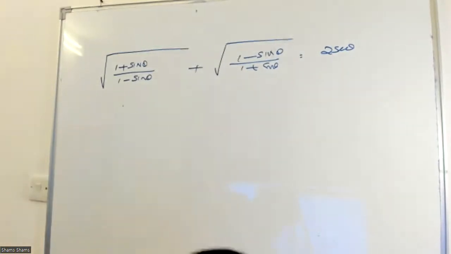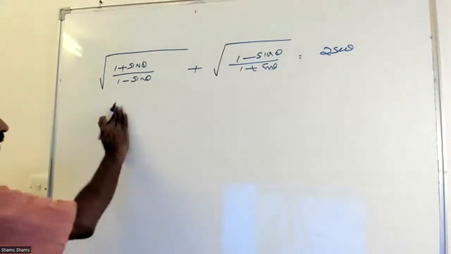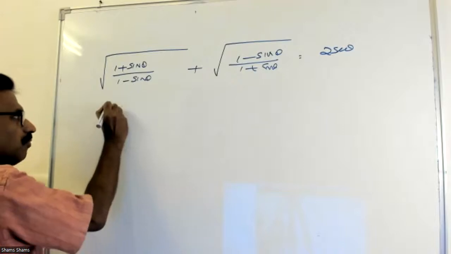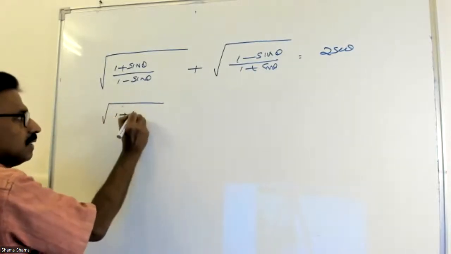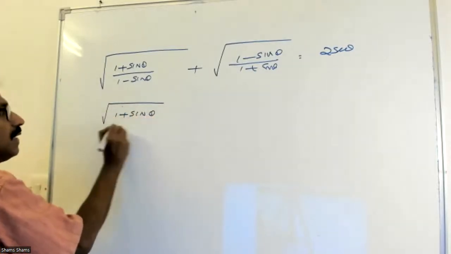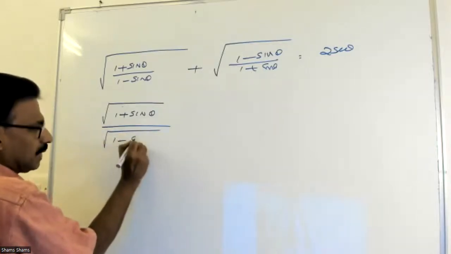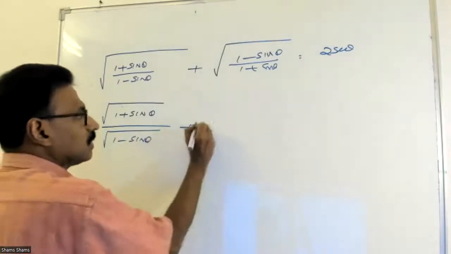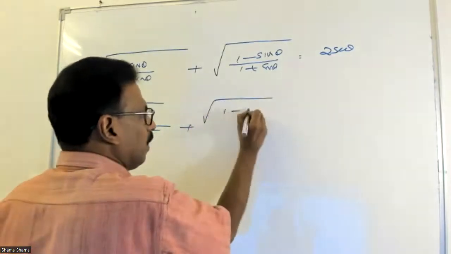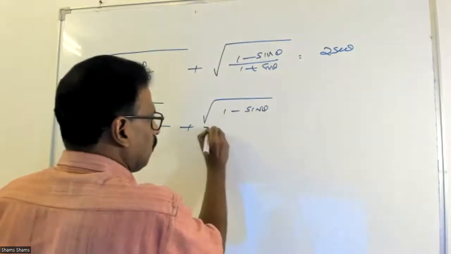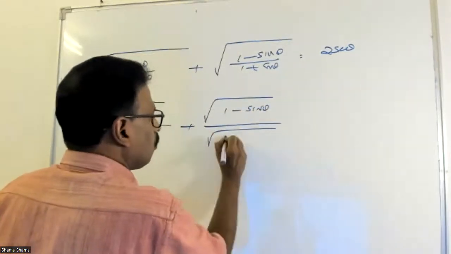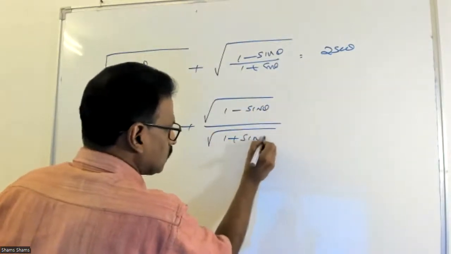Look, that's not getting, look at here. I'm just writing this one: root of 1 plus sine theta divided by root of 1 minus sine theta, plus root of 1 minus sine theta divided by root of 1 plus sine theta.